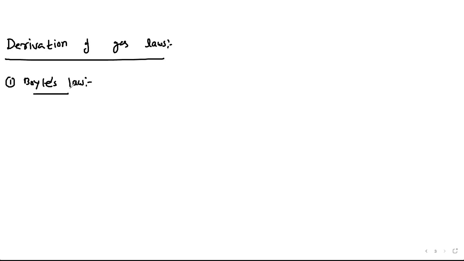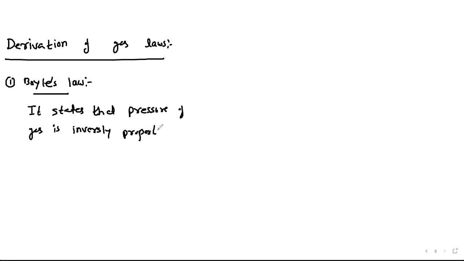Does anyone of you remember what you mean by Boyle's law? It states that pressure of gas is inversely proportional to volume, provided there is one condition for Boyle's law to follow: temperature of gas is constant.